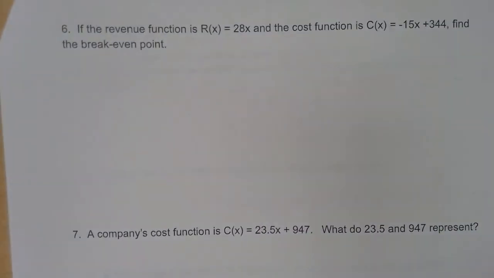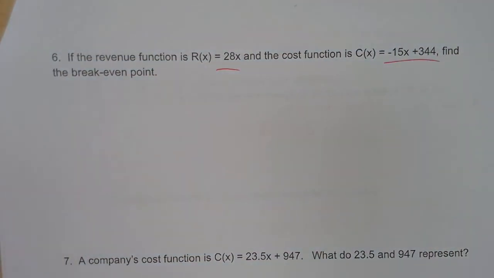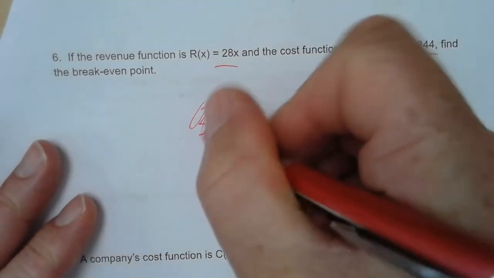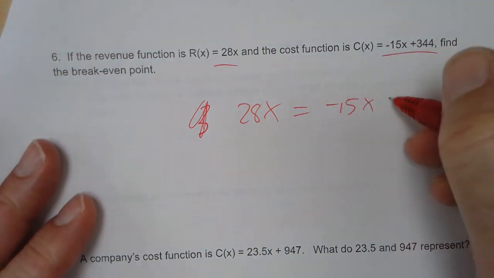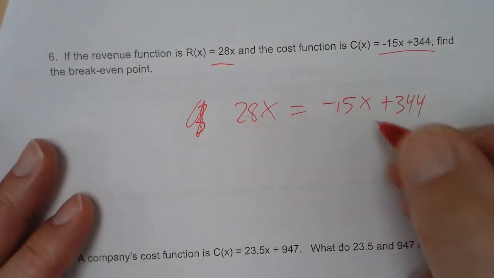All right, last questions. These are the ones that we did about money. We want to know when we break even. Breaking even is where revenue and cost are the same. So we do 28x is equal to -15x plus 344. Add this over.